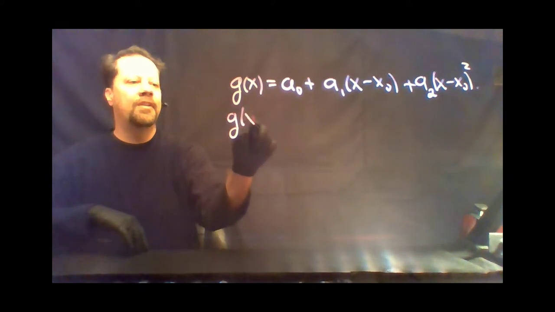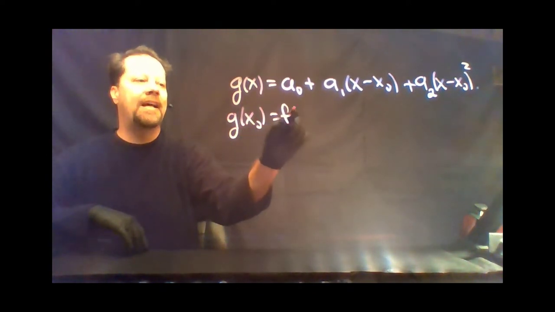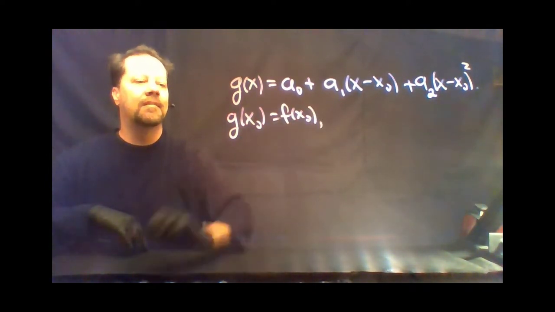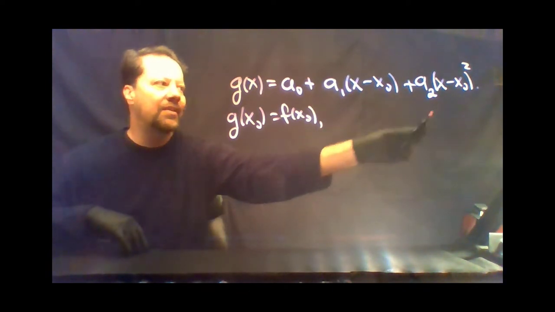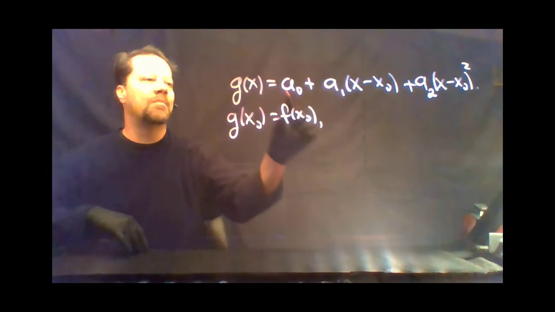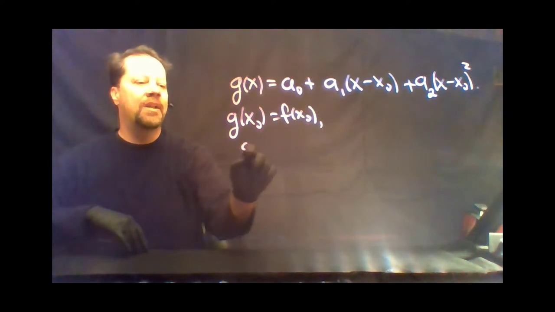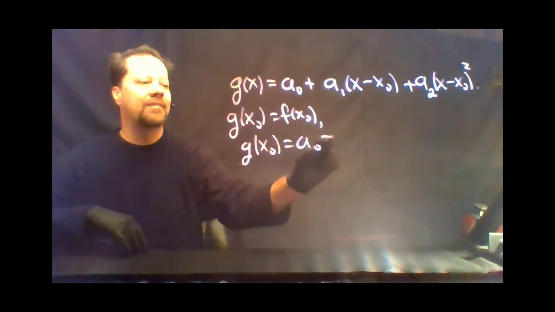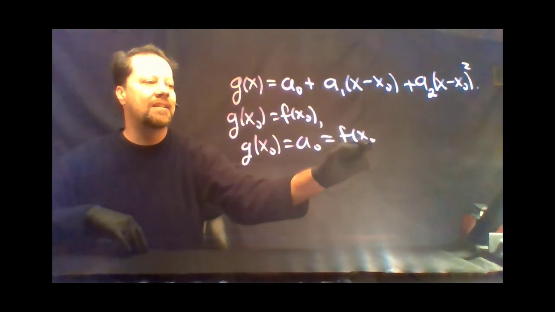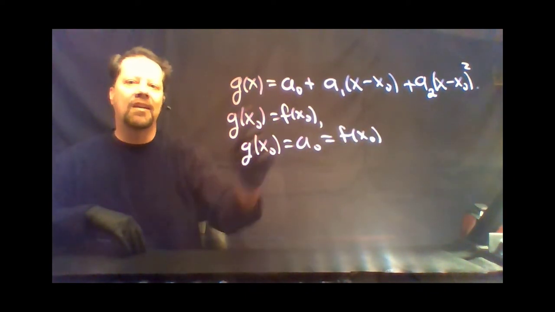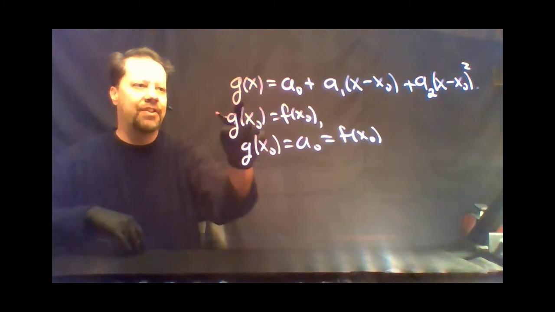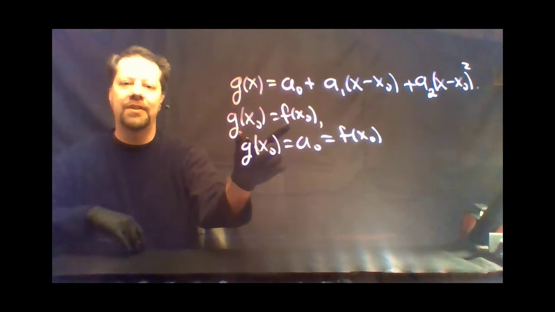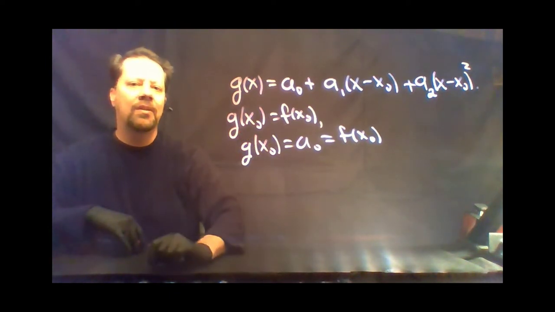If g of x naught equals f of x naught, when I plug in x naught here, I get 0 in the last two terms. We know that g of x naught is a naught, which tells us what that constant has to be. A naught must be the function value of f at x naught if g and f are to match function values. What about slopes?